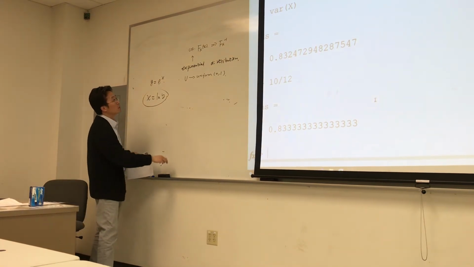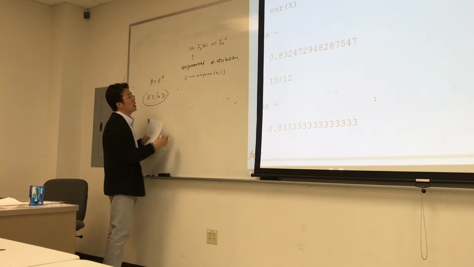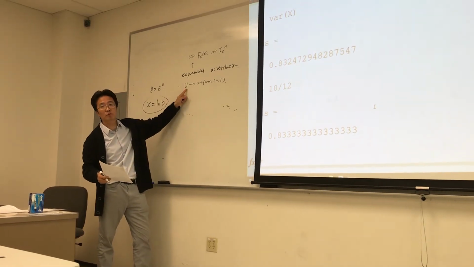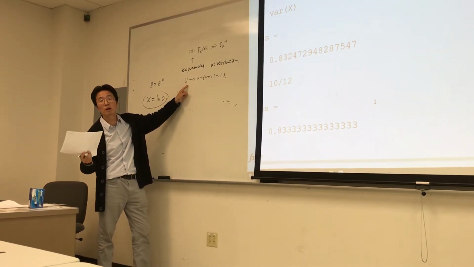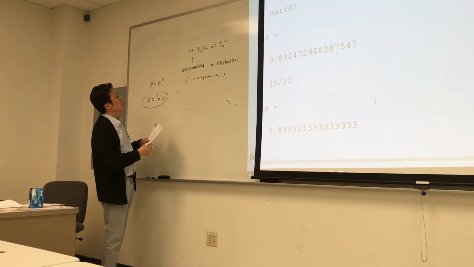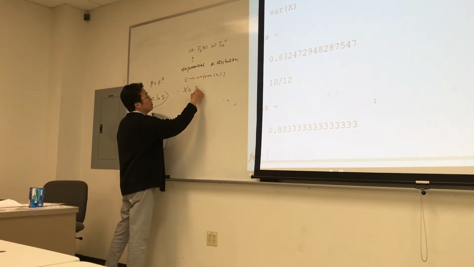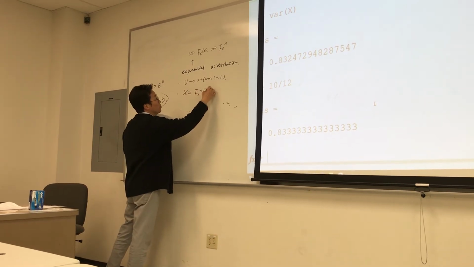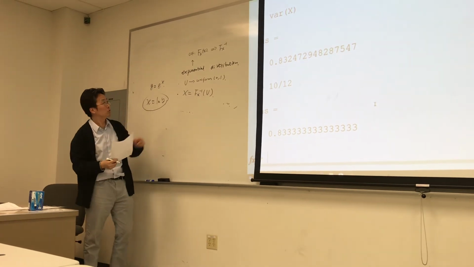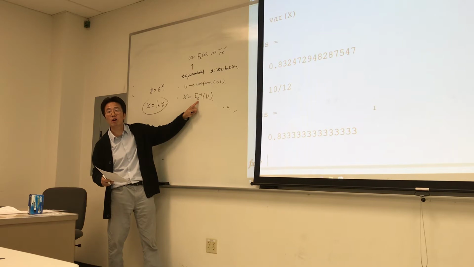Then in the coding part, first you generate a uniform distribution, say 1 million samples, for one of those random variables. And then x equals this inverse function of u. In other words, u becomes the independent variable of this inverse function.